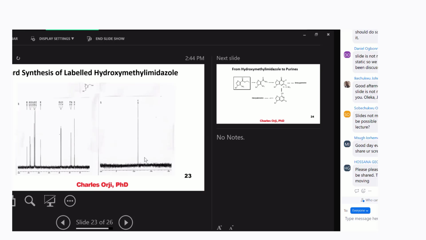So the next step, of course, is the reduction with sodium borohydride, and you have the hydroxymethyl imidazole. Subsequently, you just need to transform this into the halide, maybe with thionyl chloride or phosphorus tribromide, or triphenylphosphine and iodine.